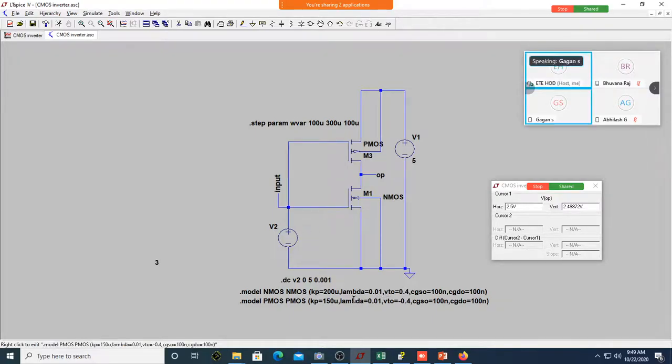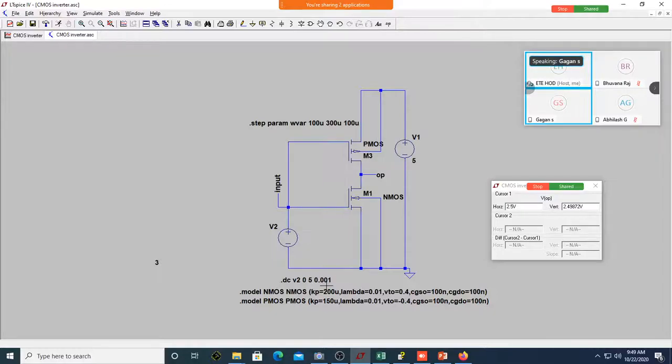Is beta n equal to beta p here now? Yes, sir. What do you mean by beta n equal to beta p? Beta n will be equal to beta p if the dimension of your PMOS transistor is what?